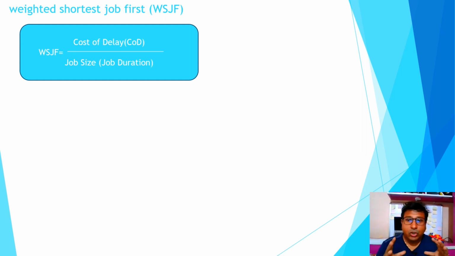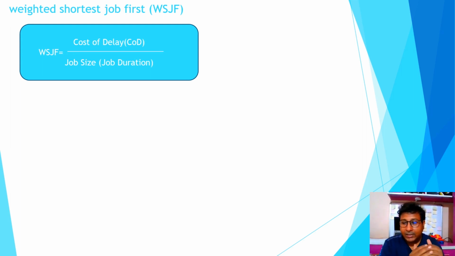And cost of delay: from when you are supposed to start the job till the point you complete it, within that specific time, what will be the cost of delay?